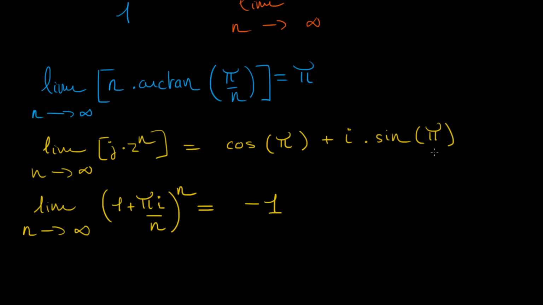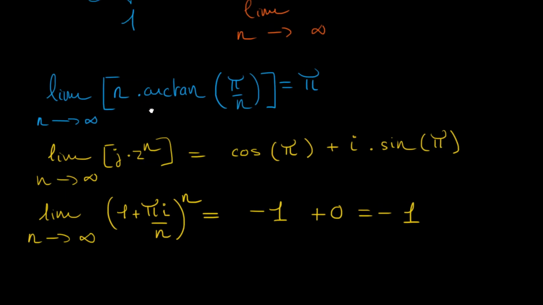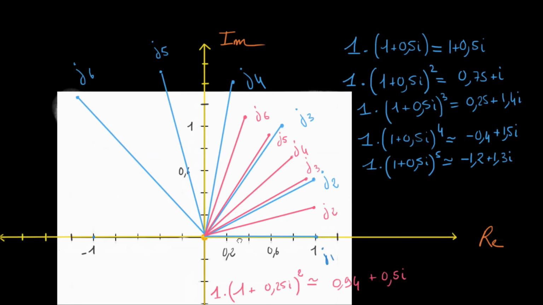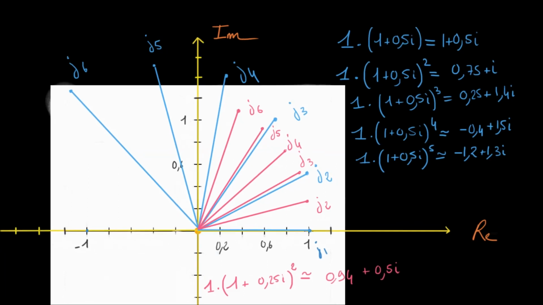So sine of pi is equal to 0, so we get minus 1 plus 0. Minus 1. So that is quite amazing, because our particle started right here at the beginning, position 1. But after this infinite complex multiplication, the particle ended up exactly where we wanted, at the exact opposite.